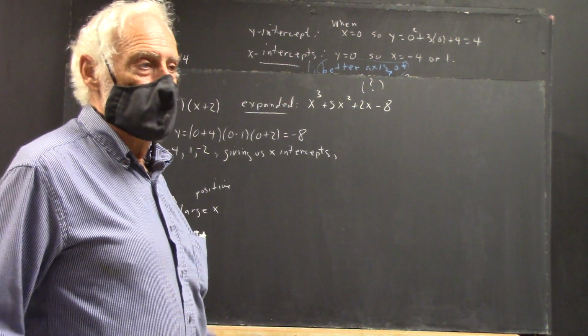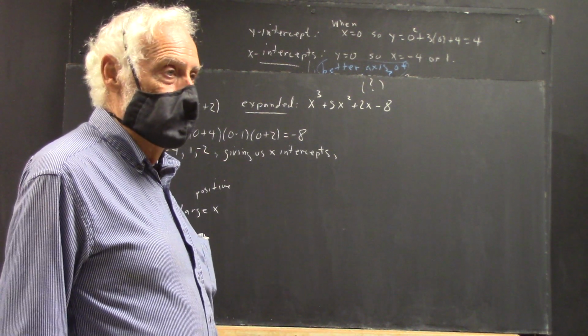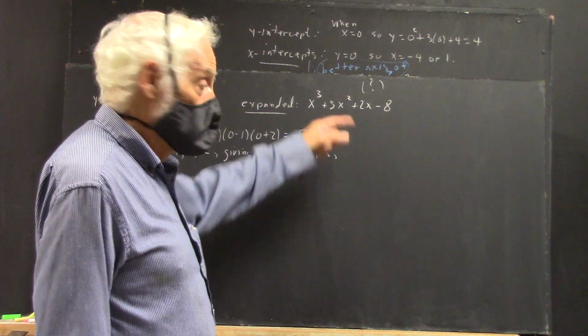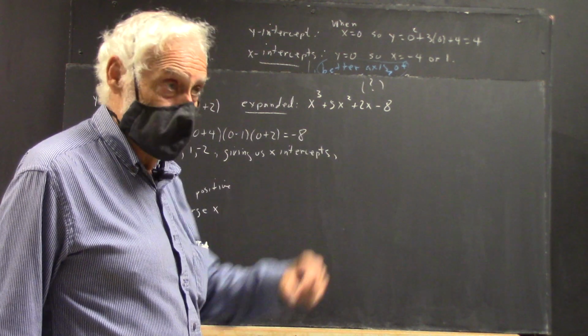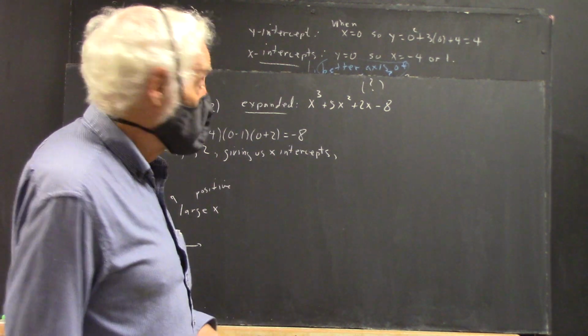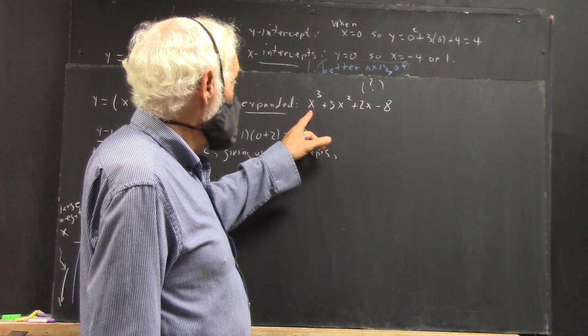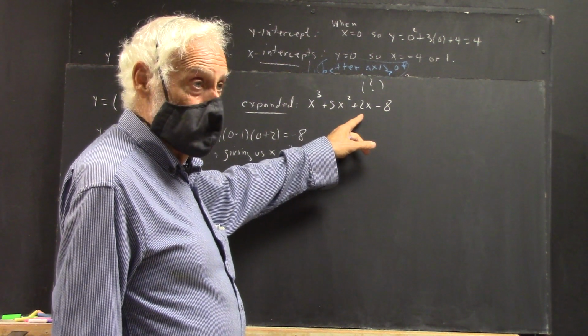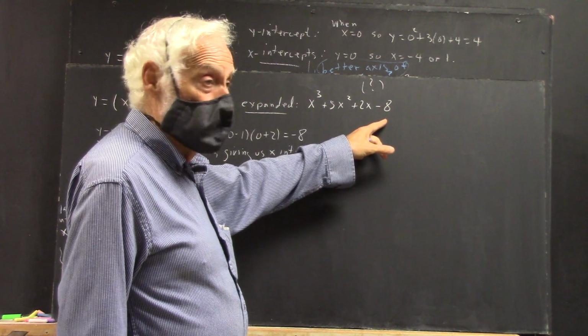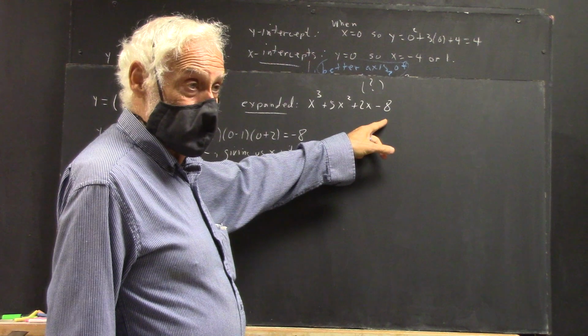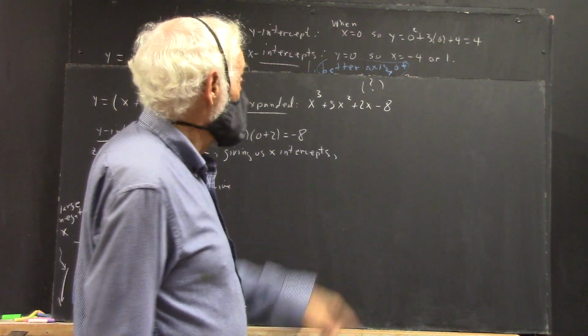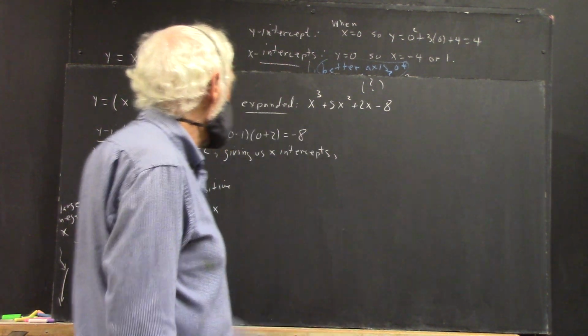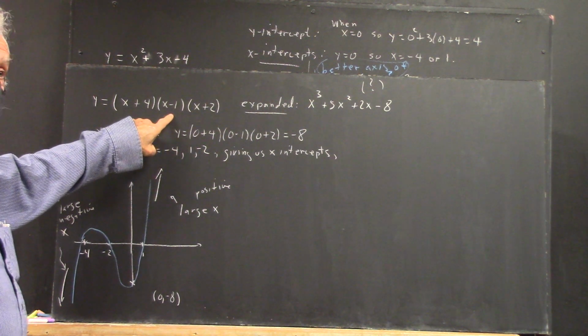Well, what's the first number you would want to try? What's the easiest number you could plug in for x? 1. Okay? In this case, that works. Because if you plug in 1 here, you get 1 and 5 and 2, which is 8. Can we see that? And you subtract 8, you get 0. Okay? So, if 1 works, then it's because x minus 1 was a factor.